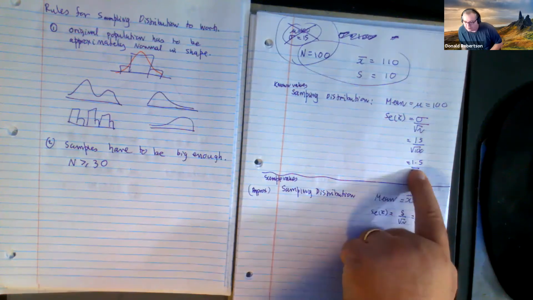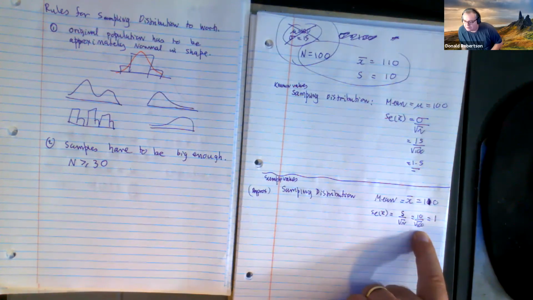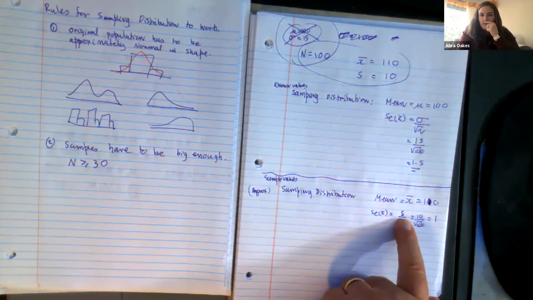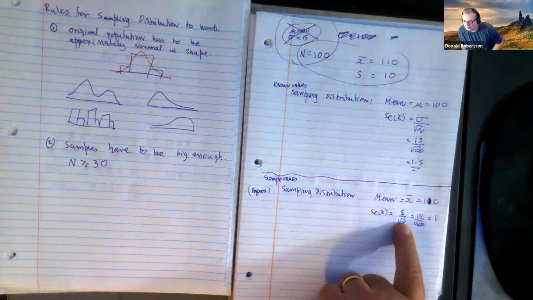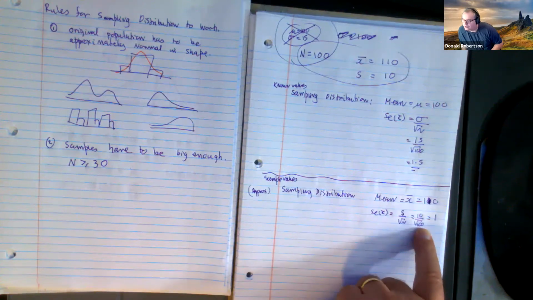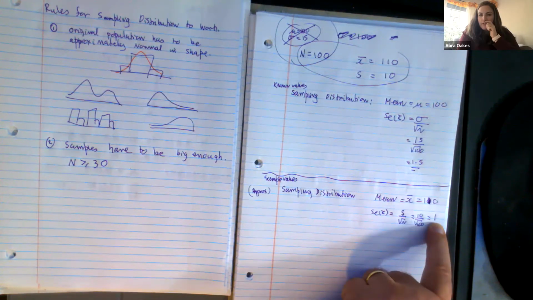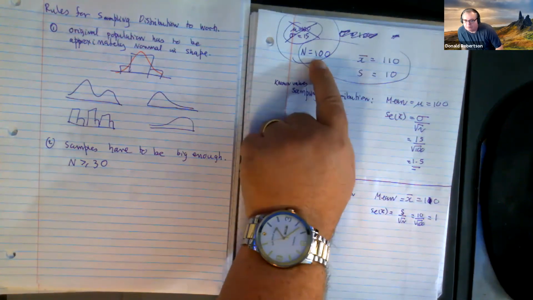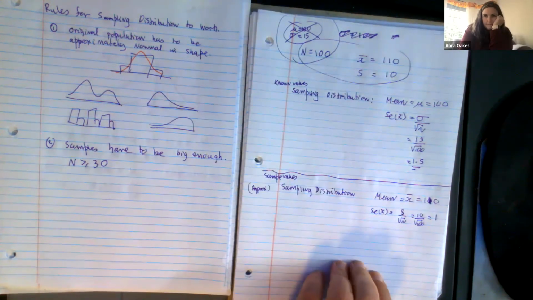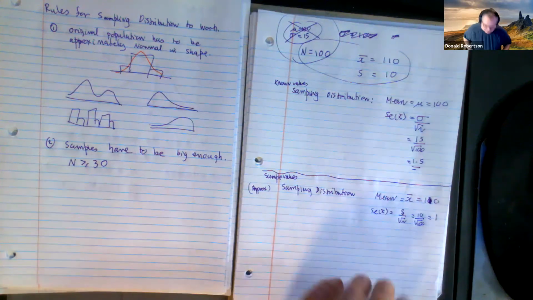This one is 1.5. This is different. This is 1. See, I'm using 10 over the square root of the sample size. 10 over the square root of 100 is 1. But won't it be over 110? No, the sample is 100 people. Oh, okay, sorry. Right. There's a lot of hundreds here, but one of them is sample size.